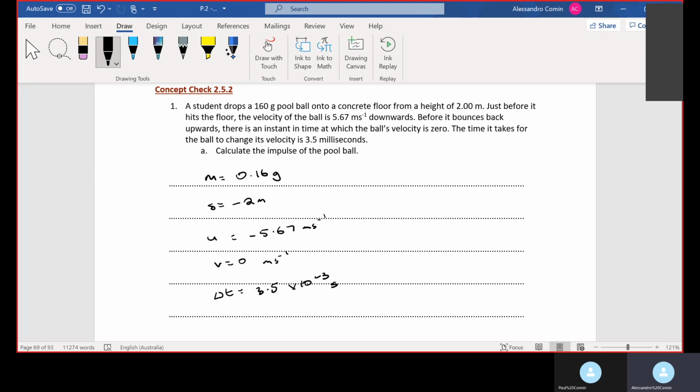Calculate the impulse of the pool ball. All right. Give me 1 second.